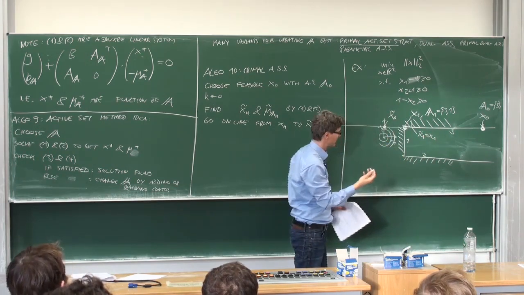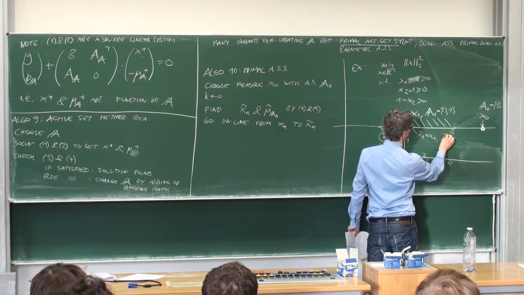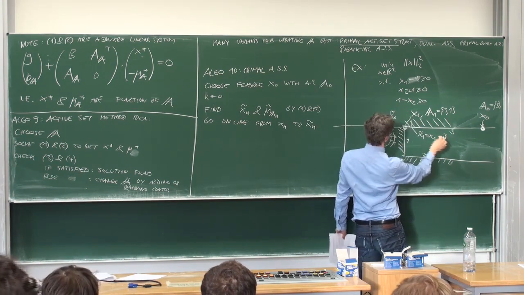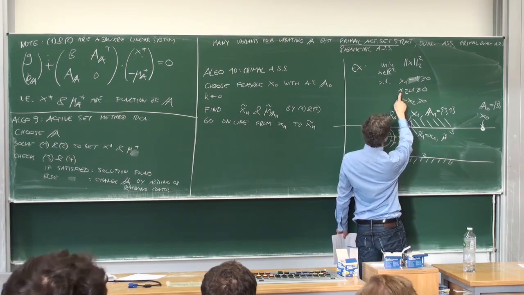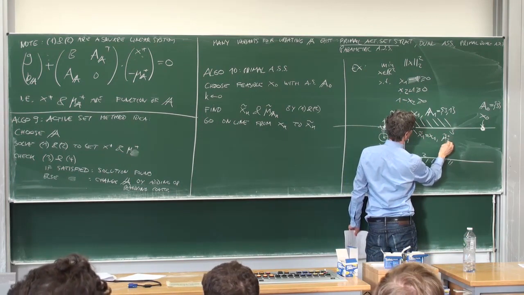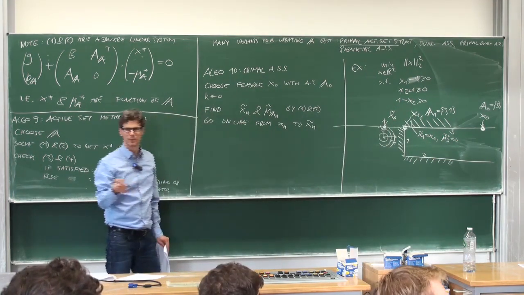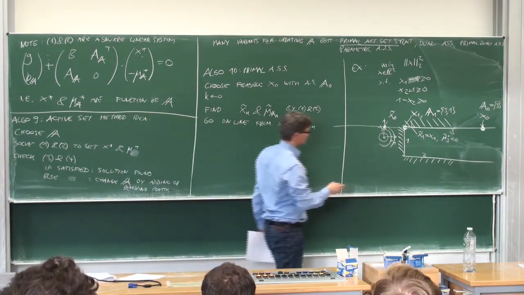But you get that the mu tilde of the third constraint is smaller than 0. And at this moment you will actually drop it.